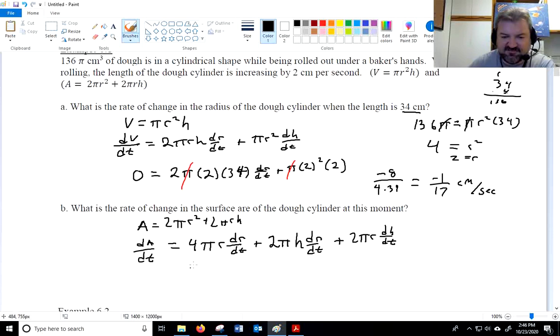Well, that's a lot of stuff, isn't it? But I think we have all the information we need at this moment, because we have 4 pi, a radius of 2, a dr/dt of negative 1 over 17, and an h of 34. Oh, you know what?